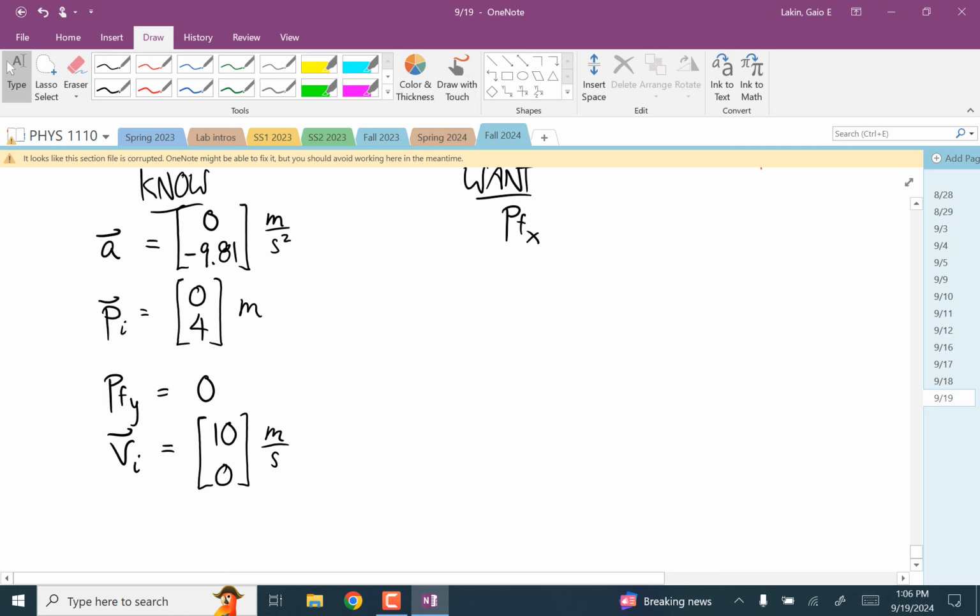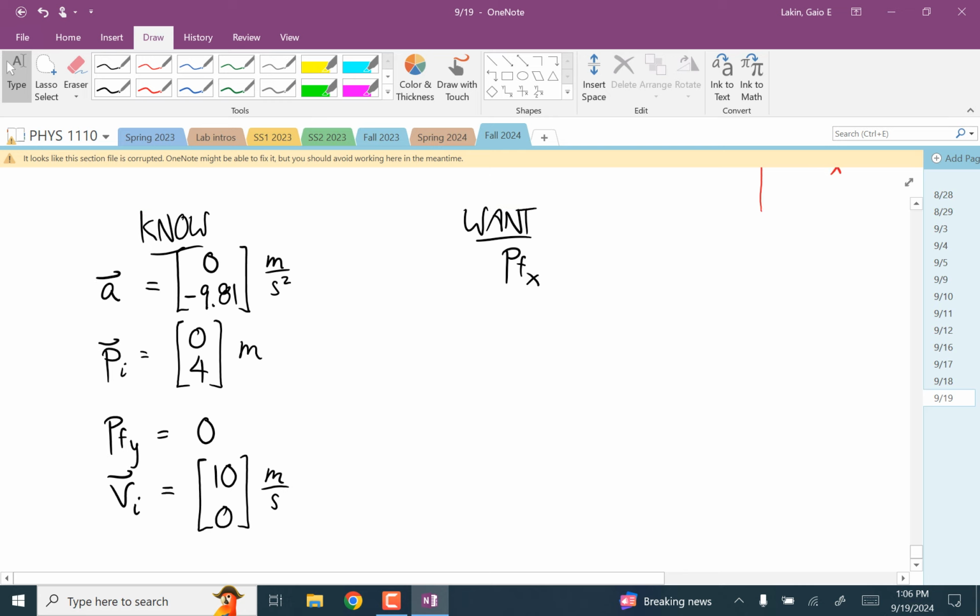Okay, so is there any equation that'll let us calculate P F X? It turns out if you go through all those equations, no, there's nothing that works. A way to make this a little quicker is remember that any x components are not going to show up in the y equation. So that immediately cuts us down to only 3 equations to consider.